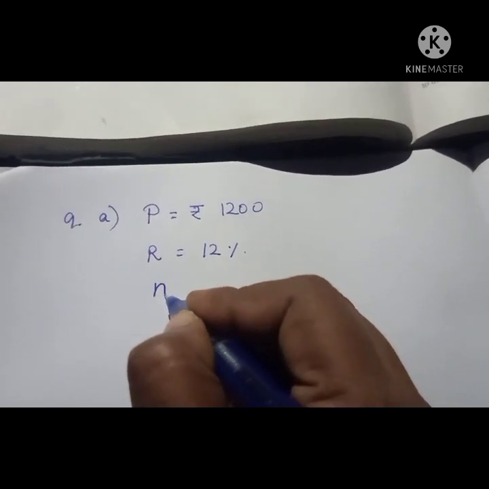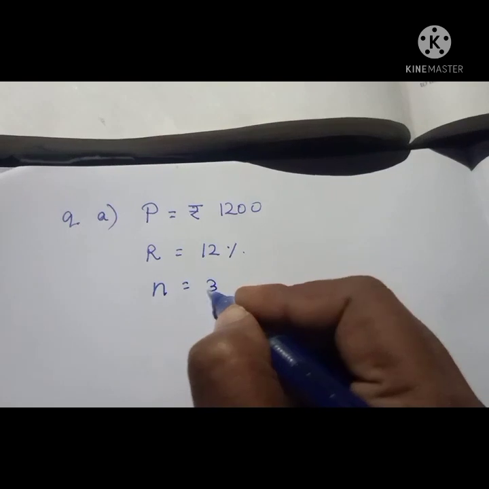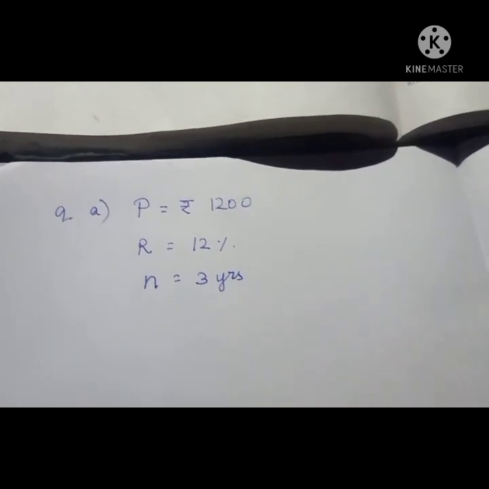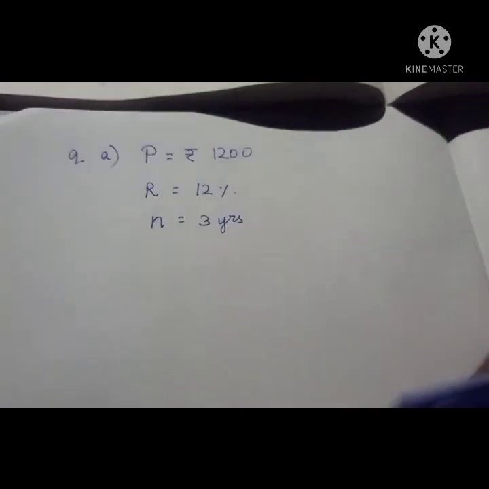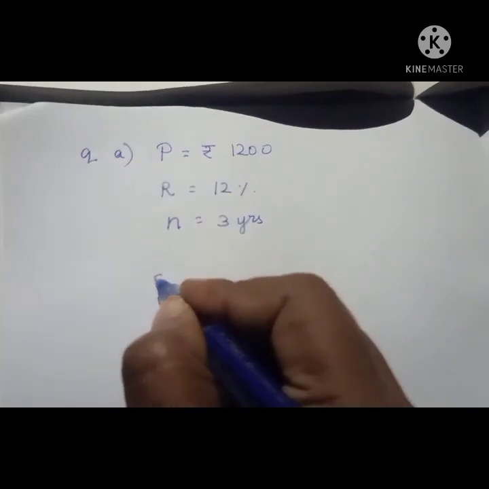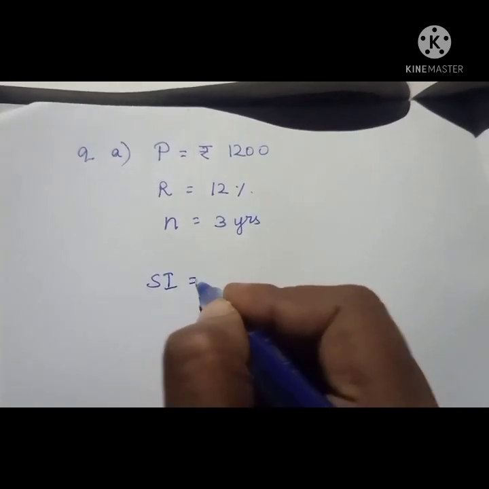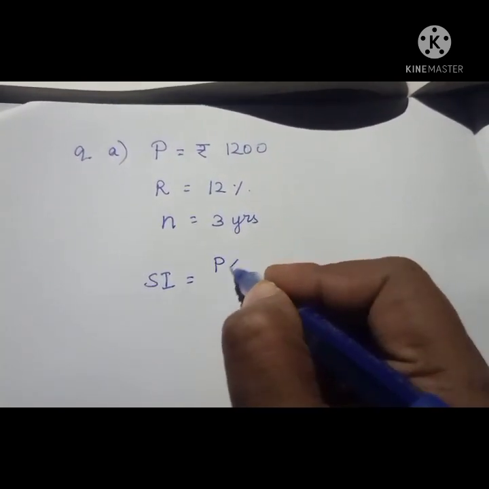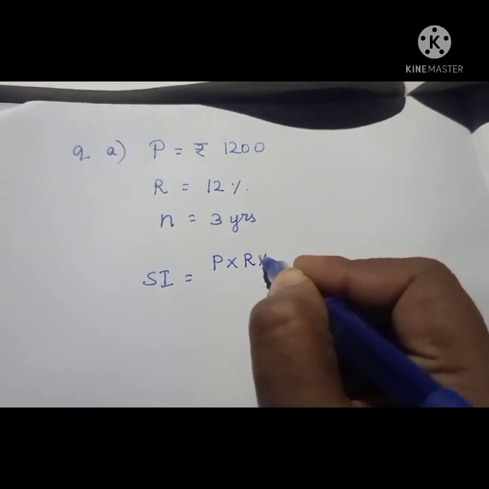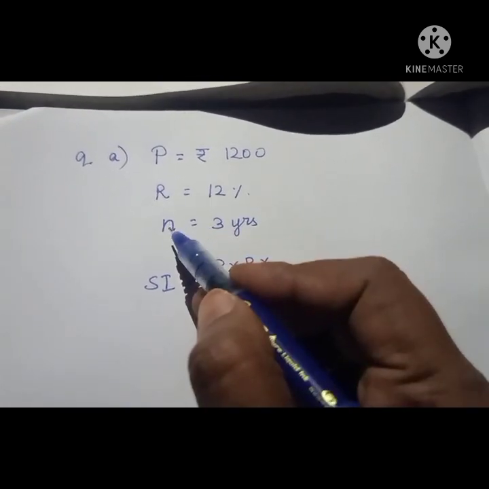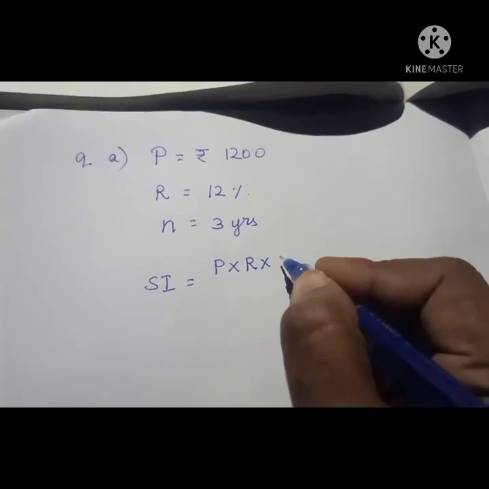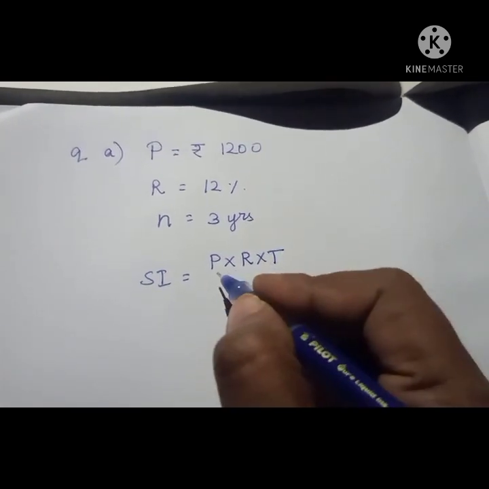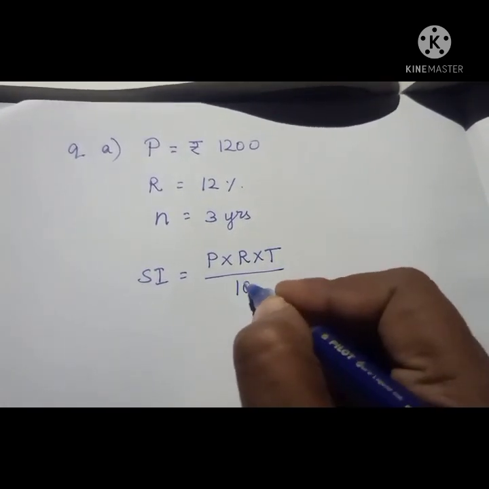After the 3rd year, so we have to calculate 3 years of interest. What is the formula to find the simple interest? Simple interest is equal to P into R into N or T. N means number of years, T means time.